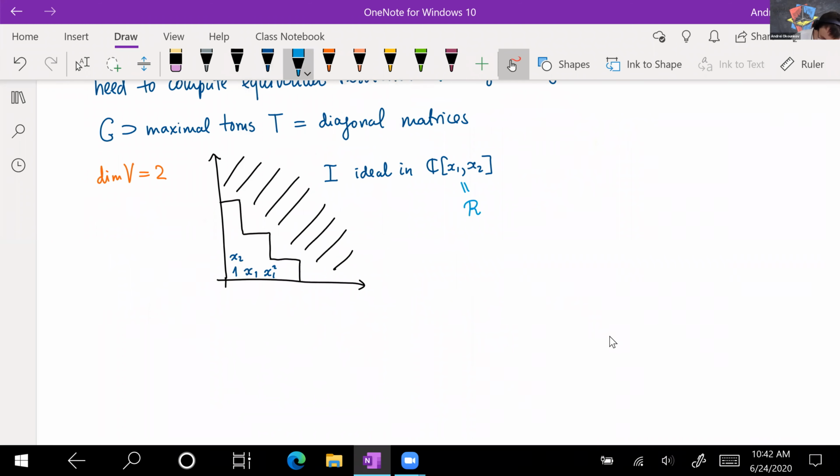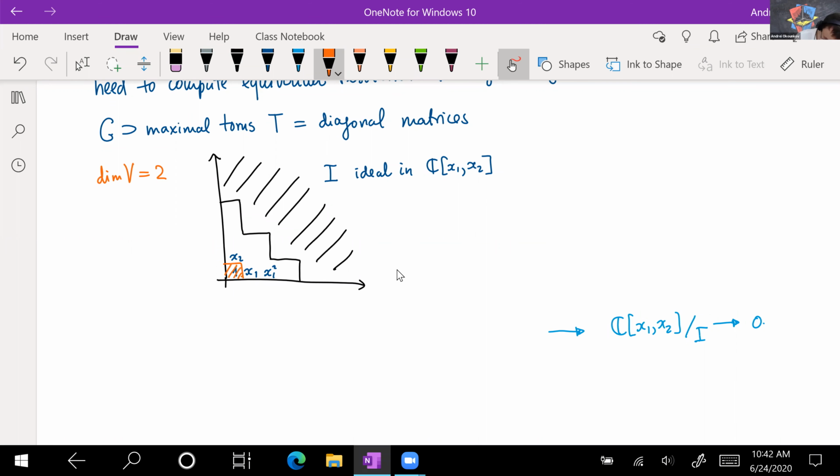So if I want to know my ring modulo this ideal, how does the resolution go? Well, first there's a generator, and the generator sits here.